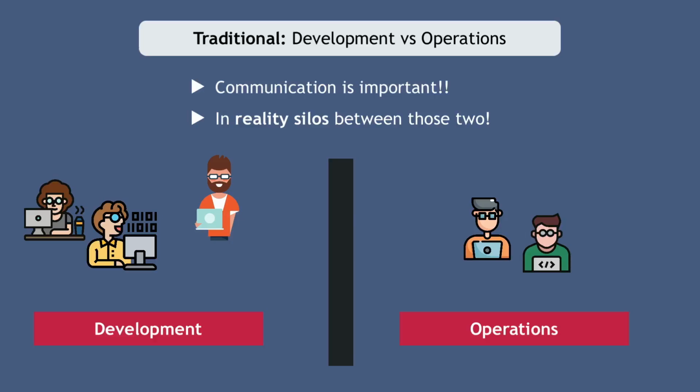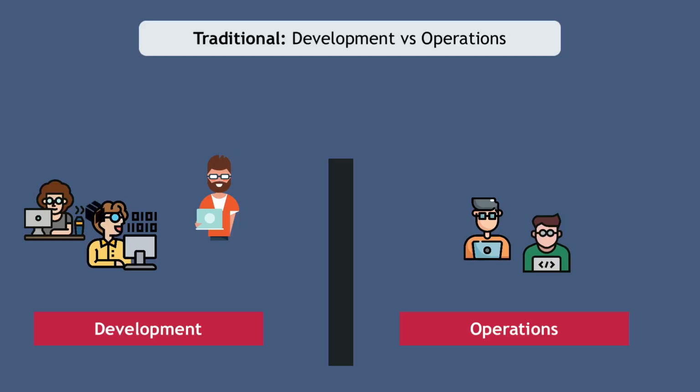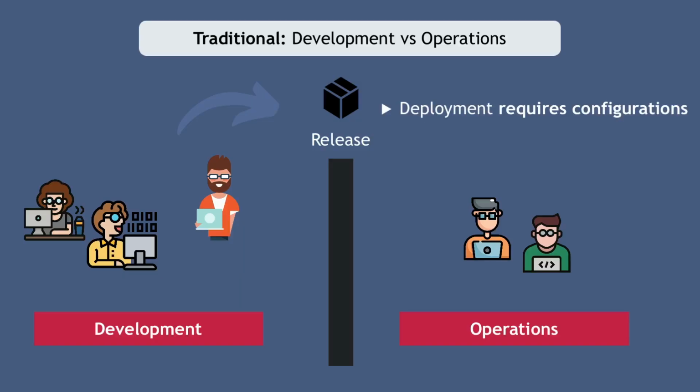In reality, how this works is that developers develop the application, testers test it, and basically it is ready to be released on the production server or to be handed over to the operations team. Releasing and deploying that application and running it by the operations team mostly requires some kind of instructions because that application has some dependencies, it needs a certain configuration.